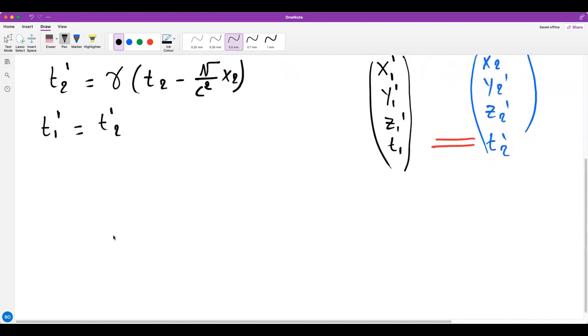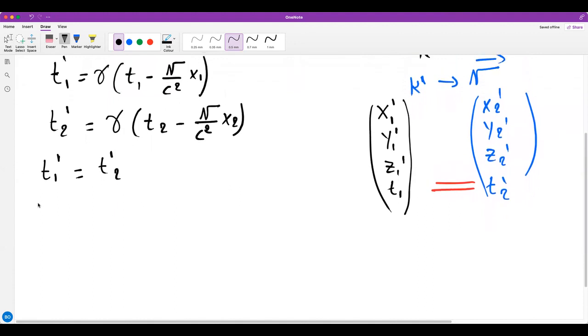So let's write down the equations. This gives easily, by simplifying gamma, t1 minus v over c squared x1 is equal to t2 minus v over c squared x2.